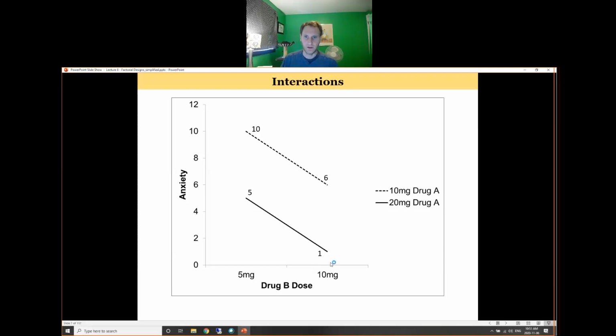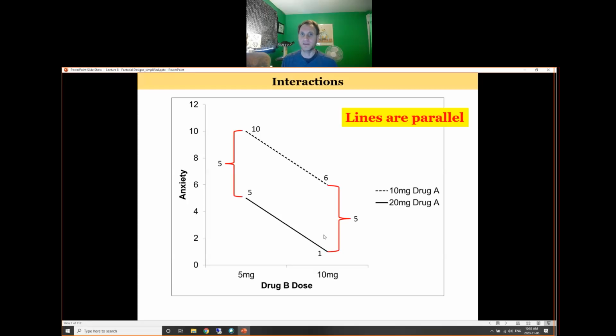What we see here is we have the effect of drug B down on the x-axis, and whether or not people received 10 or 20 milligrams of drug A is represented by either the solid or the dashed line. And what we can see here is that these lines are parallel.